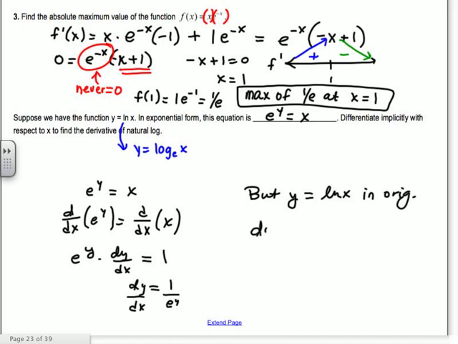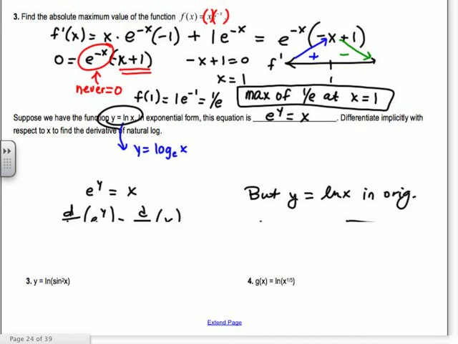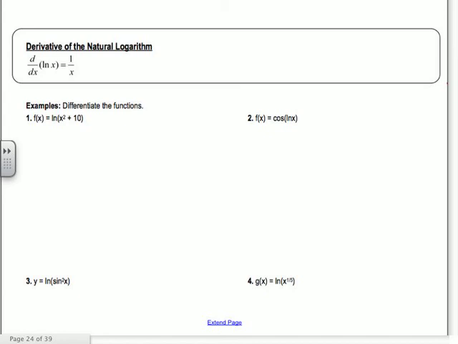So that means dy over dx is 1 over e to the natural log of x, which is 1 over x. E to natural log cancels. All right, we've just shown that the derivative of y equals natural log of x is 1 over x. So that's the next theorem that you guys have. That one's really important.